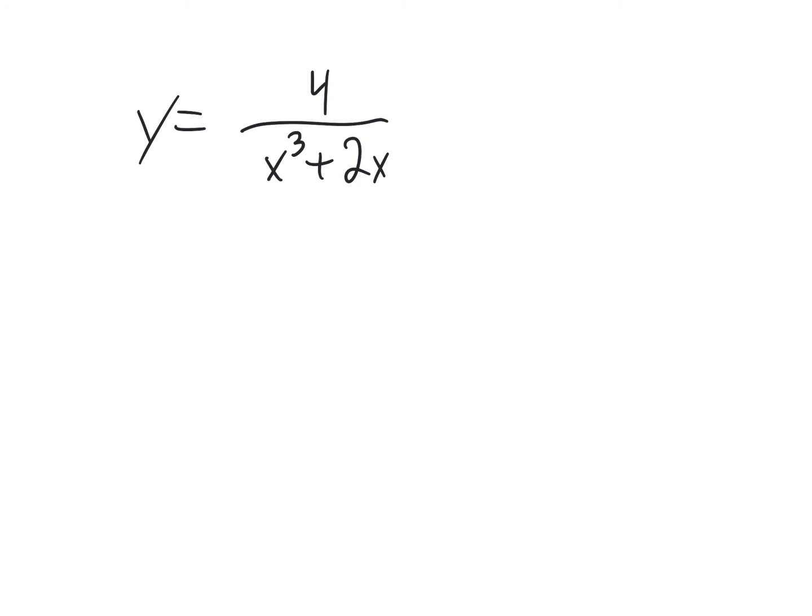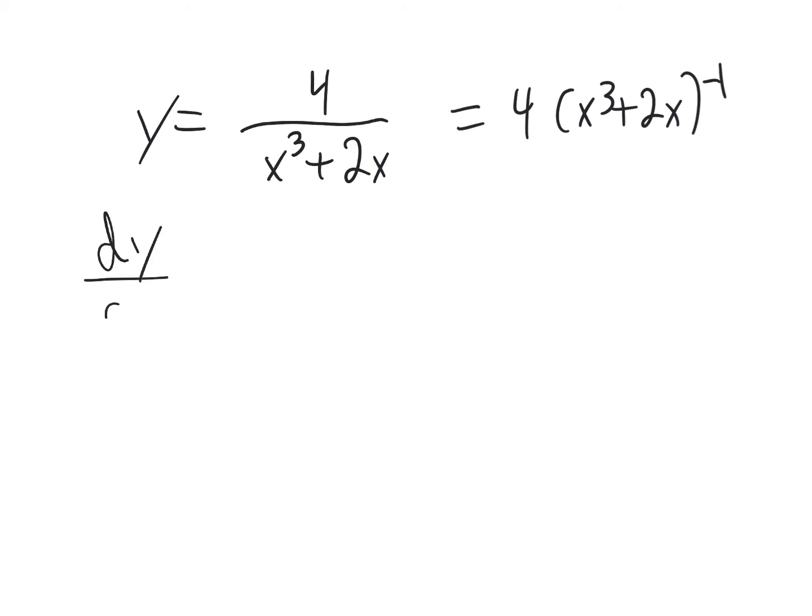Here's another example where we could use the chain rule and just bring up the denominator to the power of negative 1. Because there's no variable in the numerator, this is why I'm going to use the chain rule. If there's a variable in the numerator, then I would be using the quotient rule. Now we end up with 4 times negative 1.